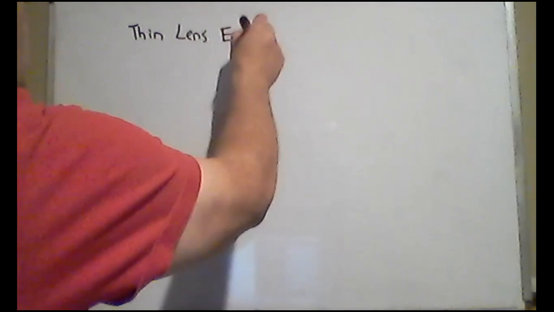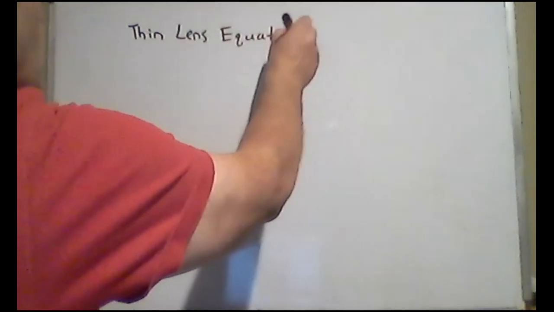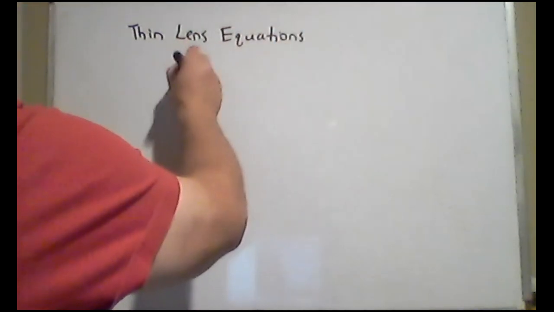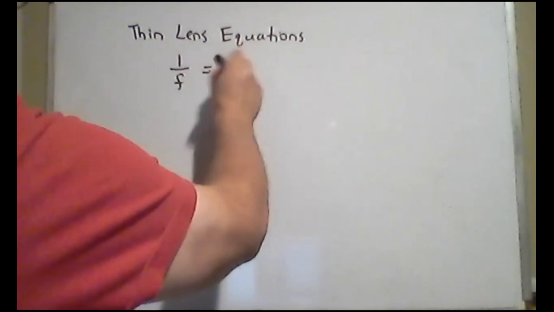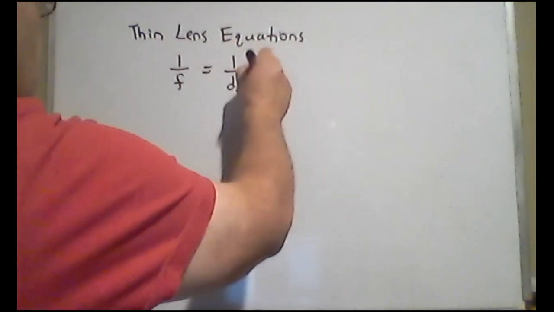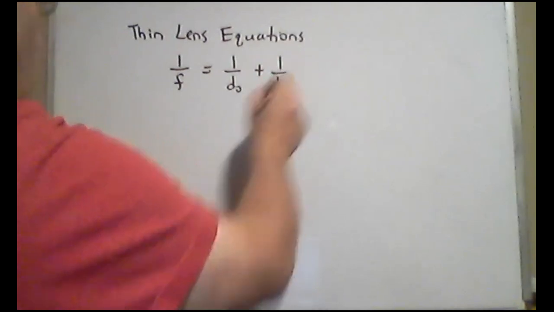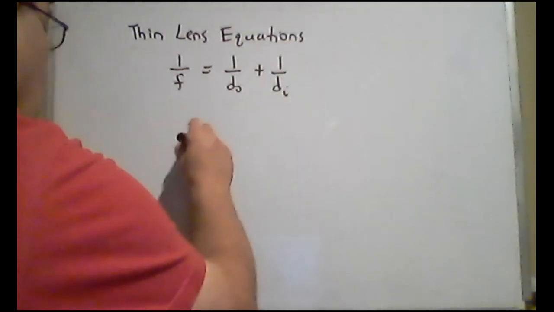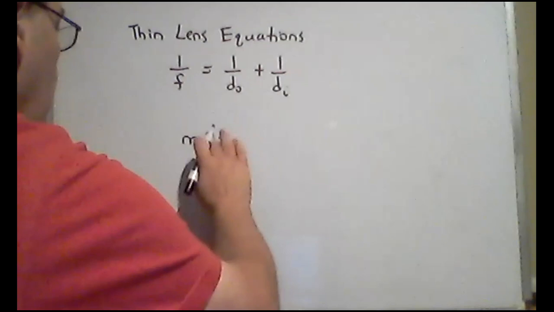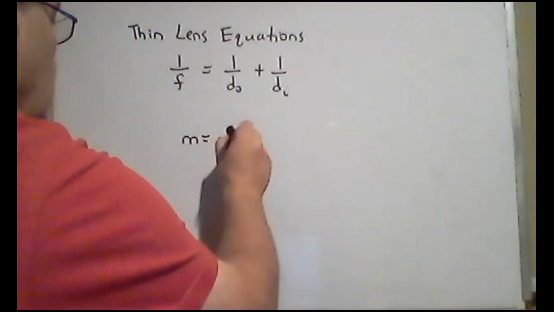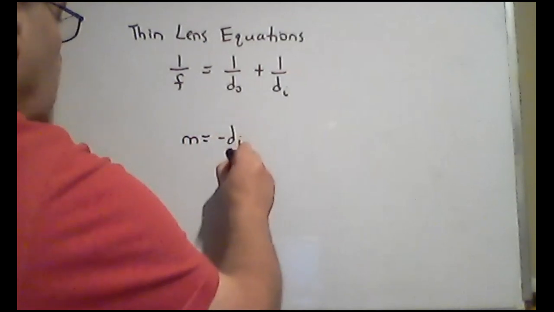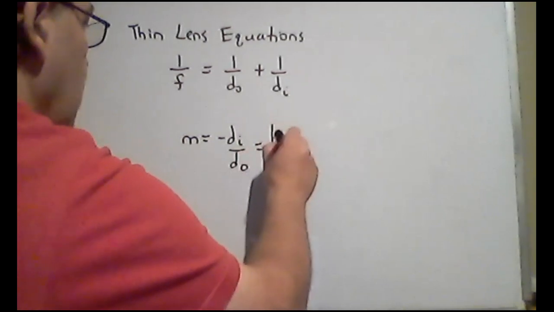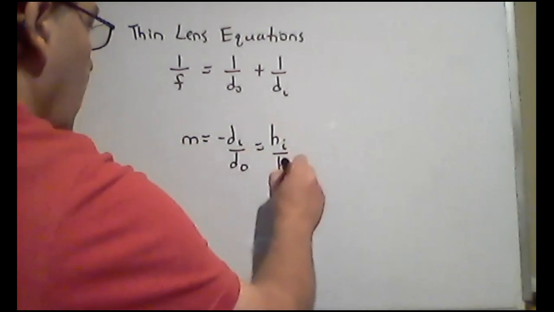We have the thin lens equation, I'll write it this way: 1 over f is 1 over d sub o plus 1 over d sub i. And we have the magnification, of course, which is negative d sub i over d sub o, or h sub i over h sub o.